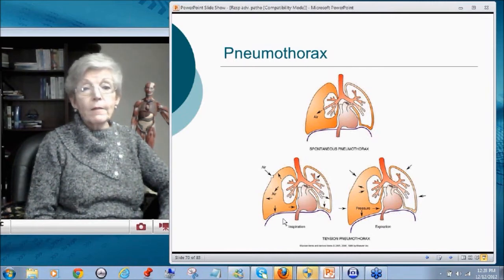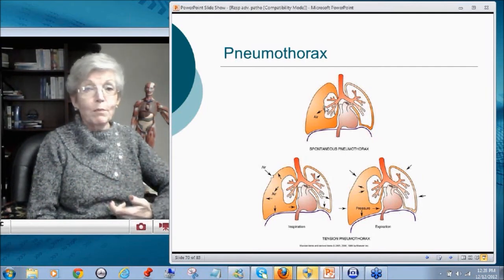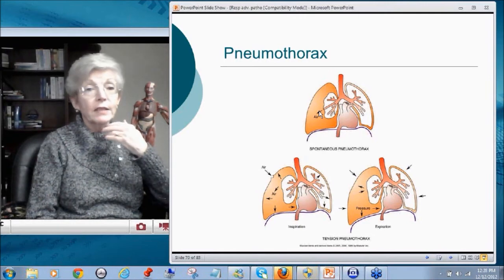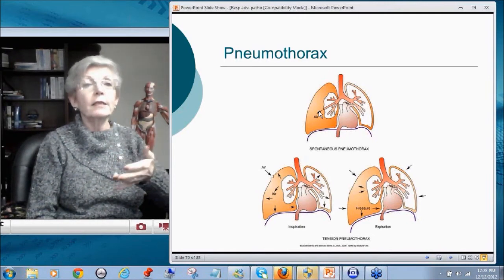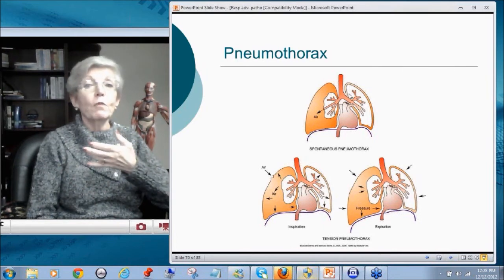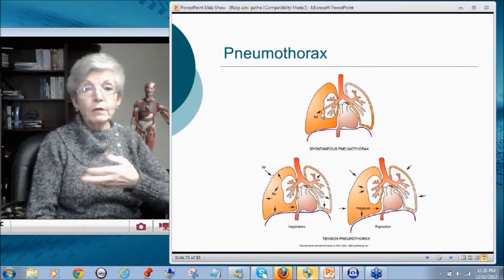And here is where they're showing it coming externally. I usually see it more like this. Somebody blows their lung, they blow a pneumo because of high inspiratory pressures on a ventilator because they've got such severe lung disease, and their lungs become fibrotic and stiff, and yet we're forcing air into them, and we literally blow pneumos.